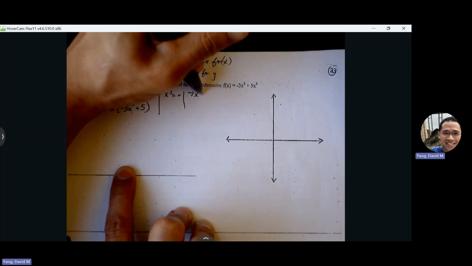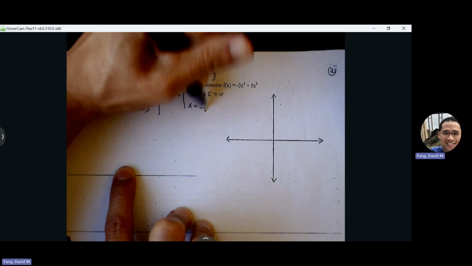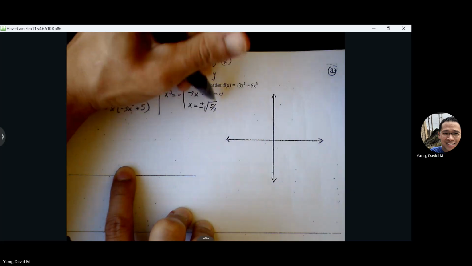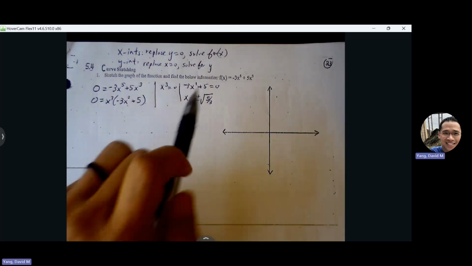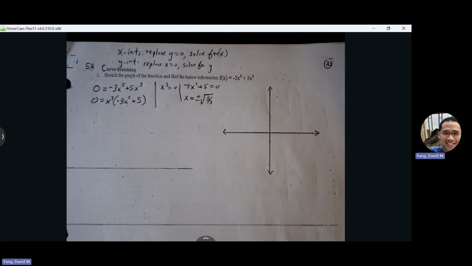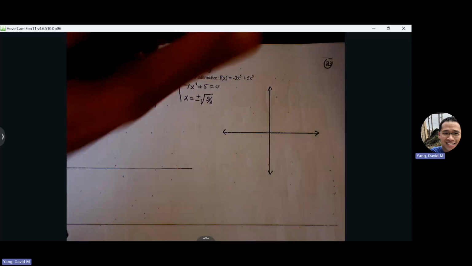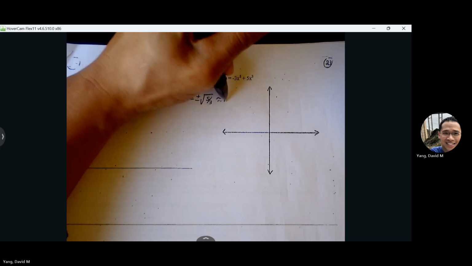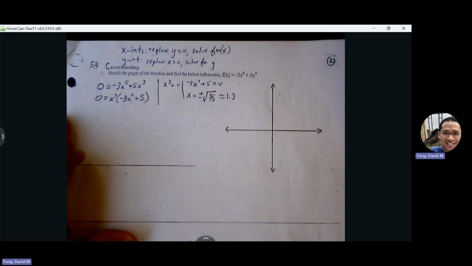Negative 3x squared plus 5 equal to 0. I'm going to get x is equal to plus or minus the square root of 5/3. And that's just going to be some decimal value. Again, you will get to use your calculator on the quiz and the test. So anything that's difficult to approximate, you can use your calculator to do. So this ends up being like 1.3-ish, plus or minus 1.3.